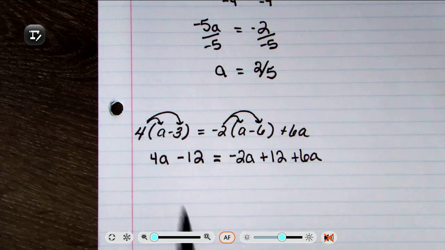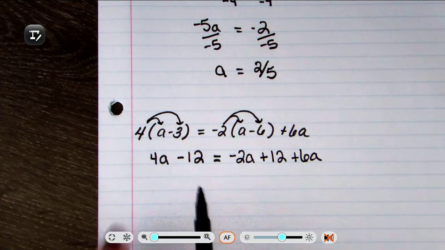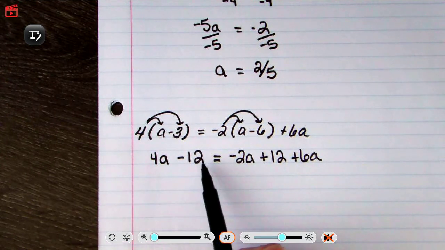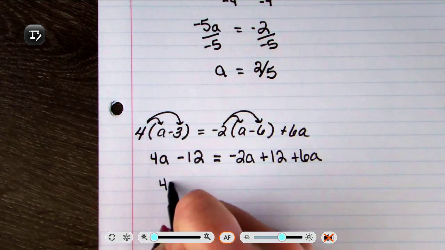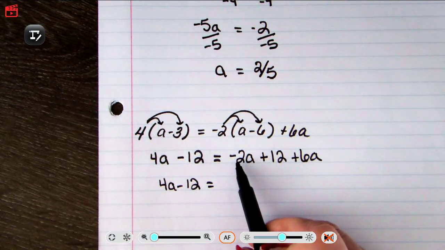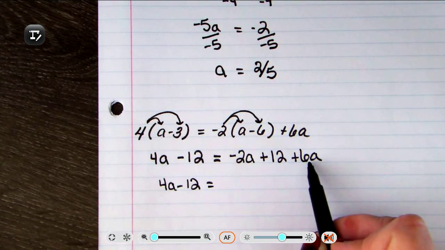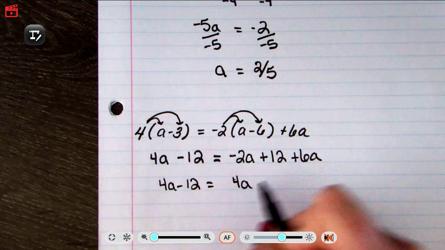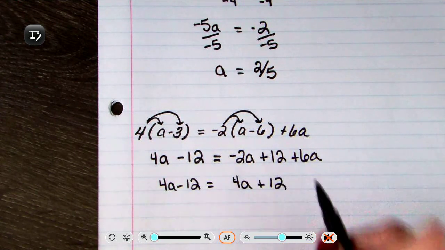Combining like terms, again, we treat these as two separate problems. I cannot combine an a with something that doesn't have an a, so this is already combined. Here we're going to take that negative 2a and that 6a, and we would come up with 4a, and we'd have plus 12.